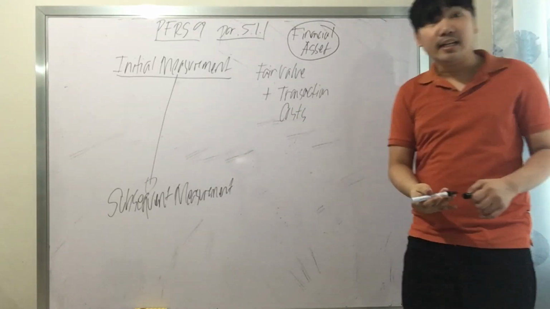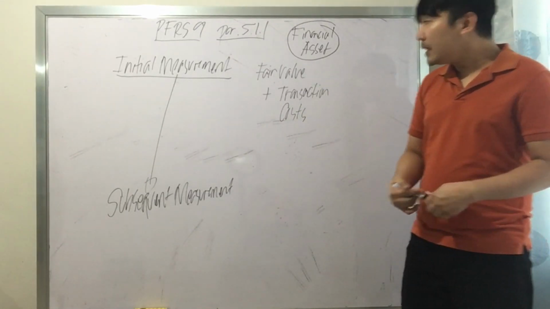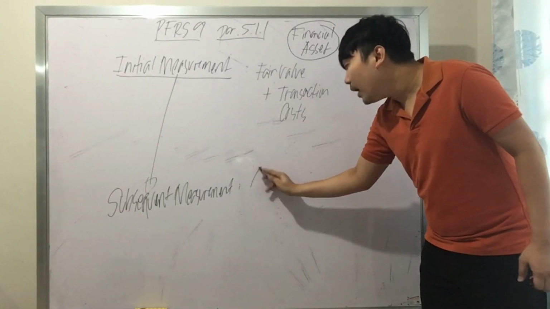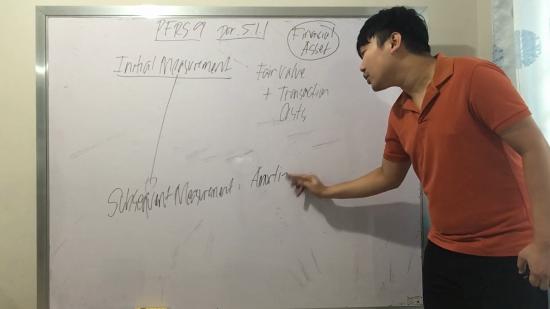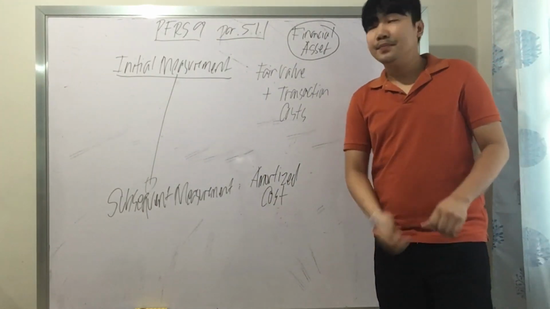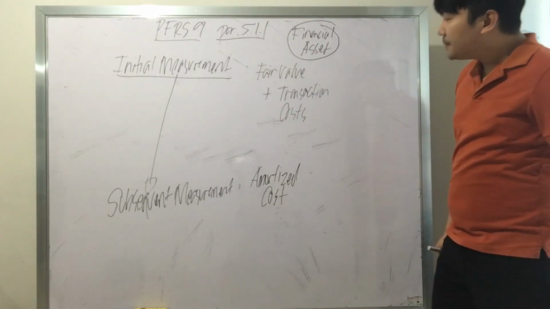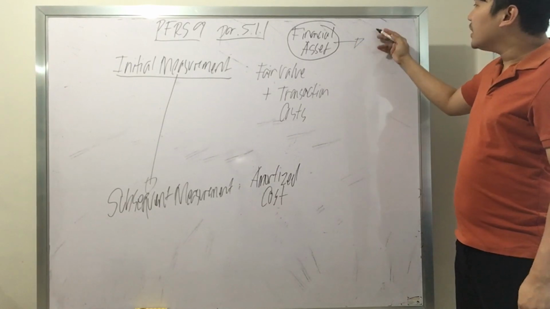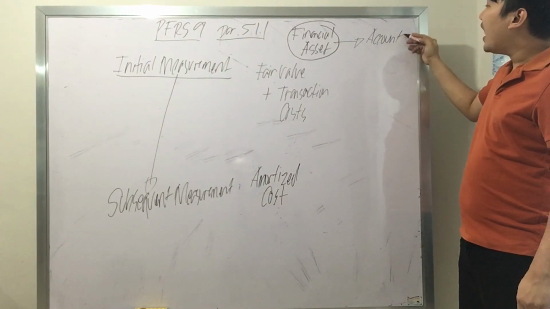Diba? Ayan, ganyan siya. Yung subsequent measurement naman, ang sabi ng standard, at amortized cost. Okay? Ngayon, class, how do we relate this since accounts receivable is a financial asset?